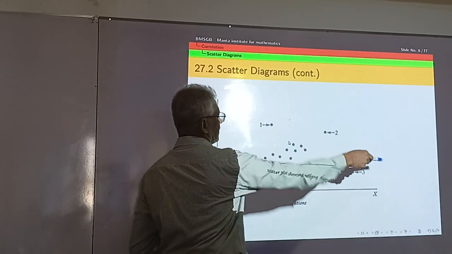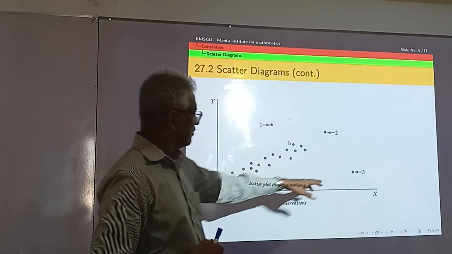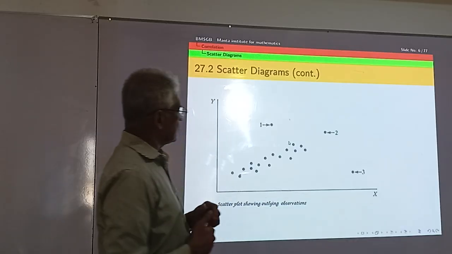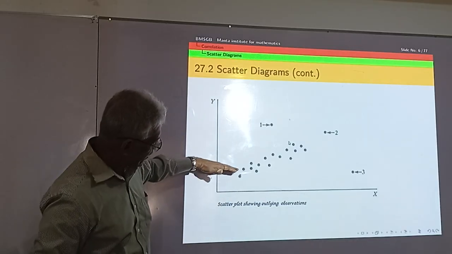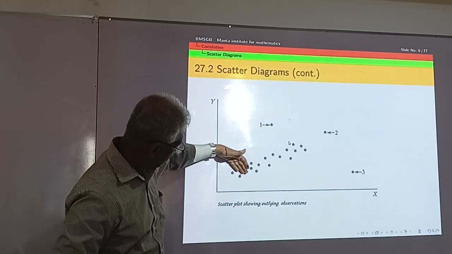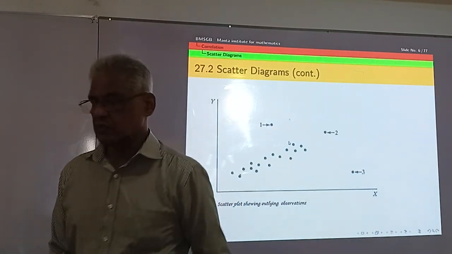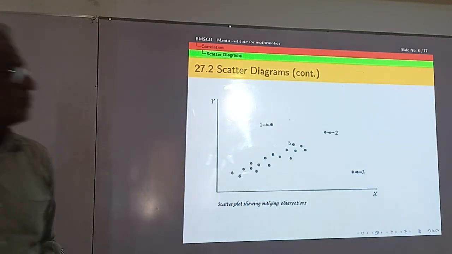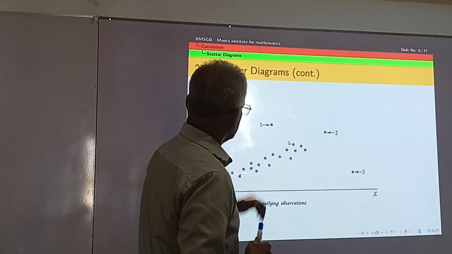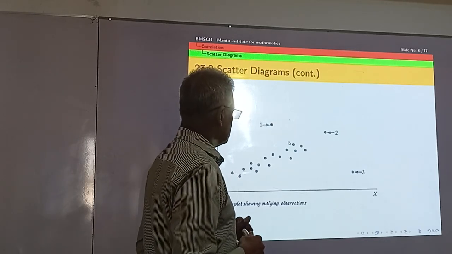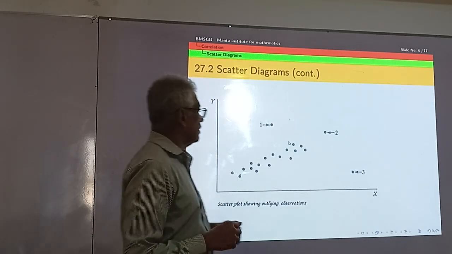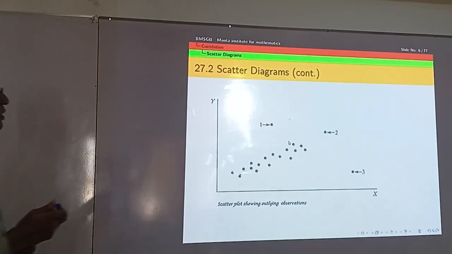This is completely different from that. Therefore, that observation's value of y is somewhat close to this one, but its value of x is completely out. So it's outlying with respect to x. This one is outlying with respect to y. This one is outlying with respect to both x and y.